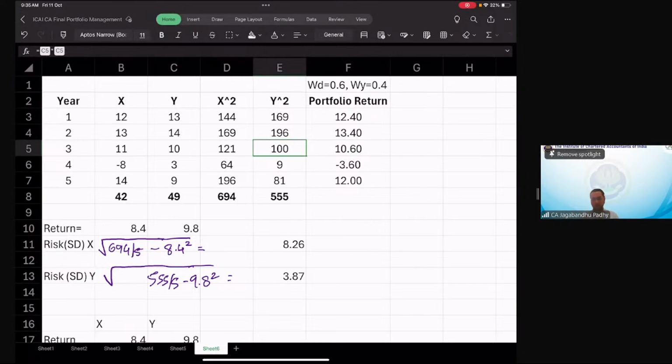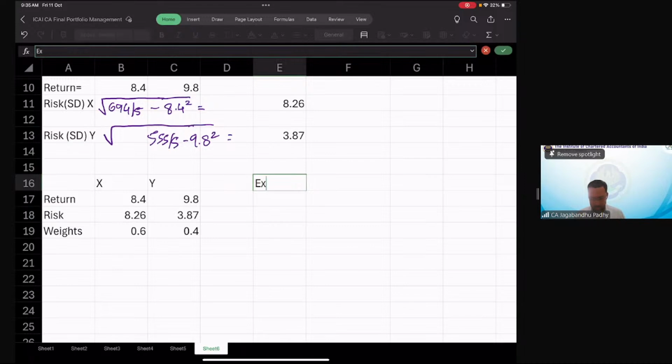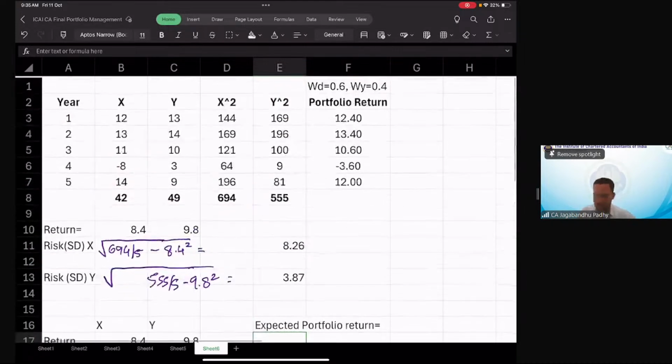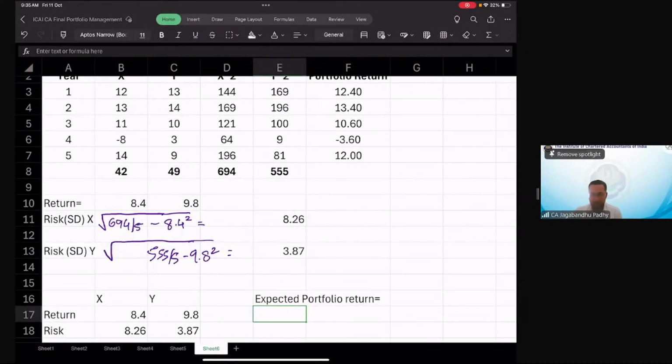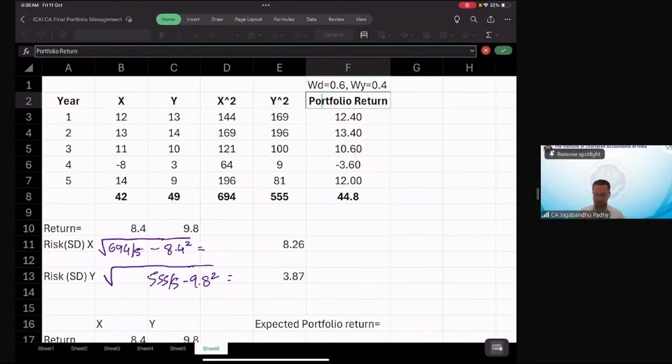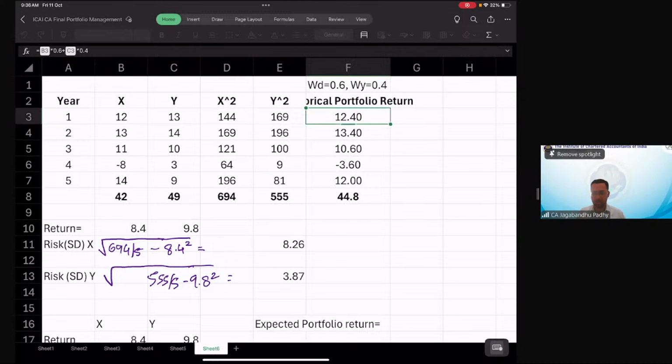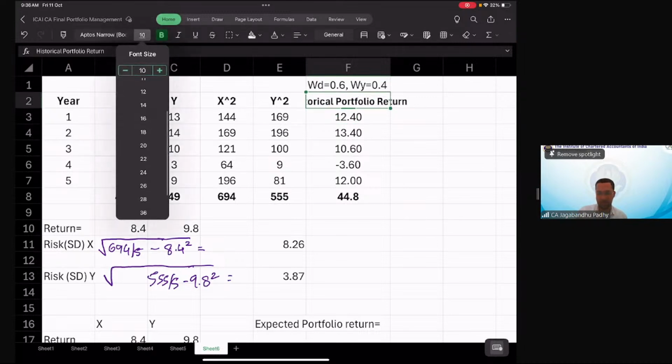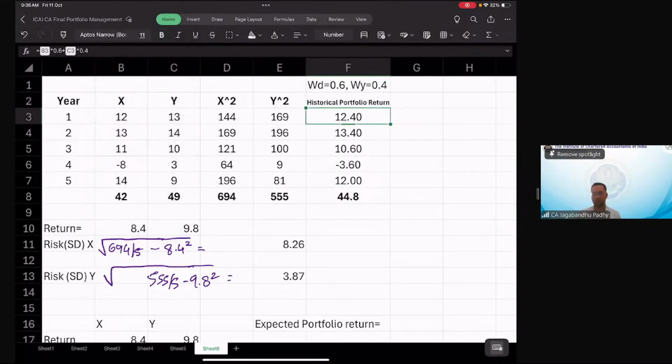Right? Now, if I ask you, what is the expected portfolio return? So in the upcoming years, what is the portfolio return that you are expecting? Can I say, let's take an average of the historical portfolio return, right? So historical portfolio return has been this.